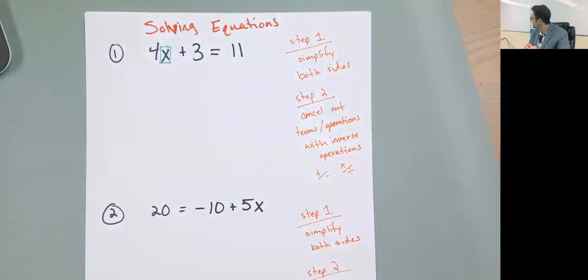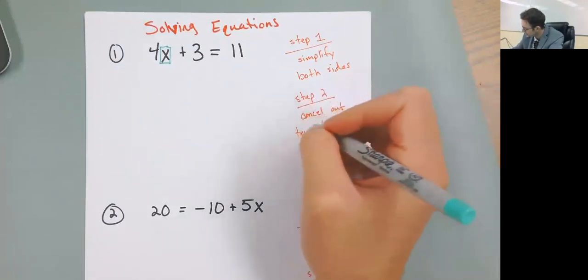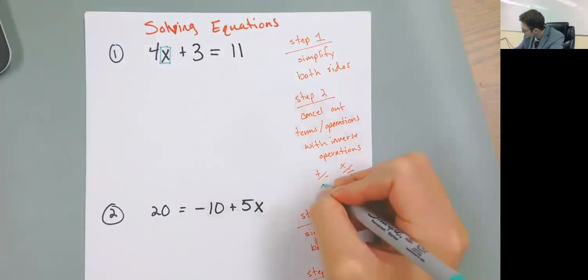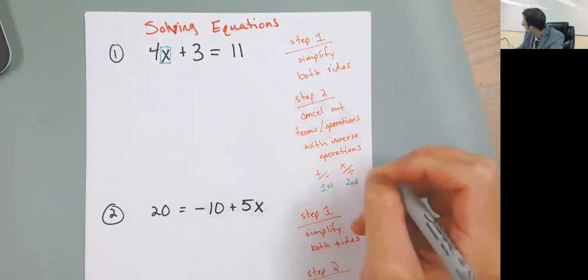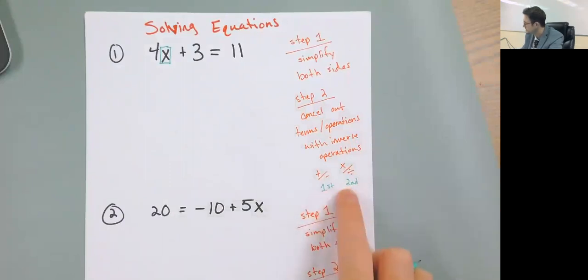Something important to remember when you begin step two: this is the order of canceling things out. You're going to do this first, and then this second. First cancel out addition and subtraction, and then cancel out multiplication or division.